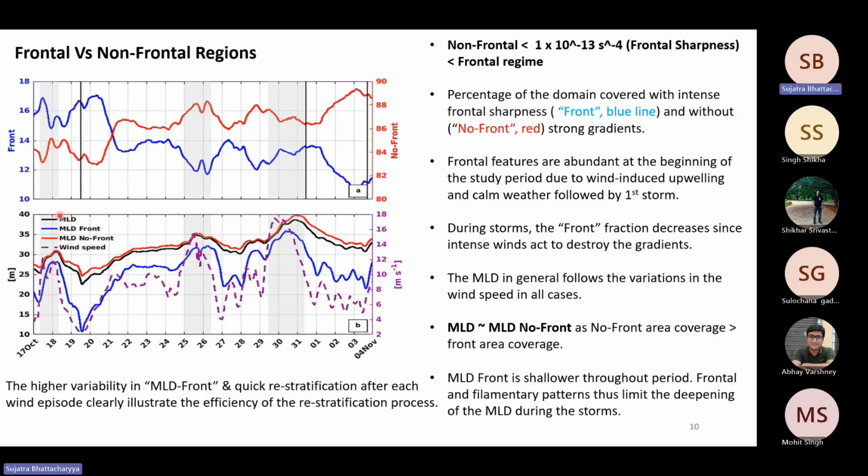You can see the total mixed layer depth is mostly contributed by the non-frontal mixed layer depth, which is a little deeper, nearly 25 to 30, up to 40. But for the frontal region, the blue curve, the mixed layer depth is always shallower. That means though there is a submesoscale regime here and there, most of the region is still dominated by the overall general circulation of the basin.